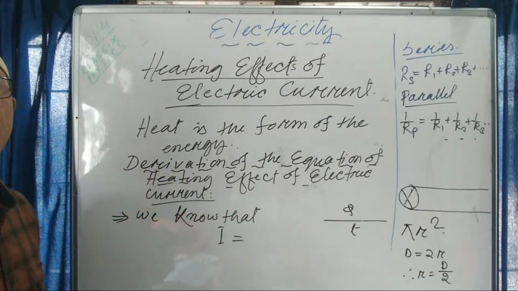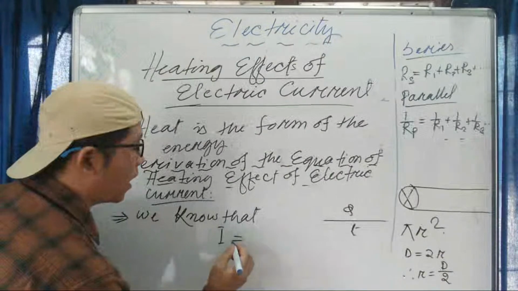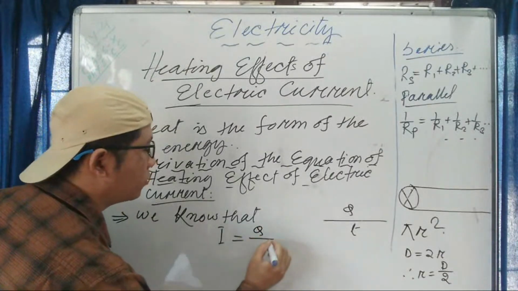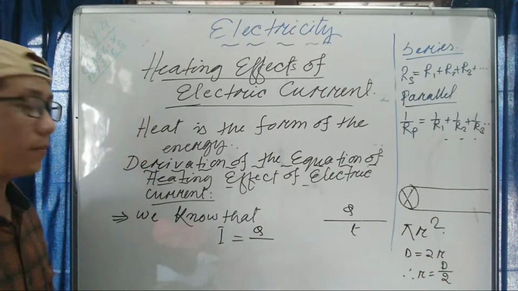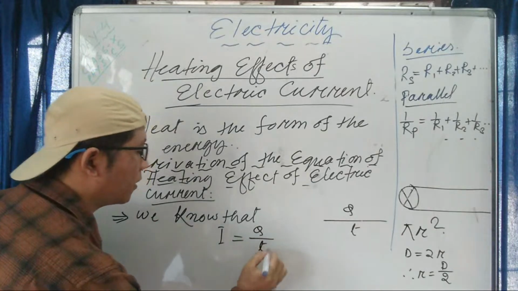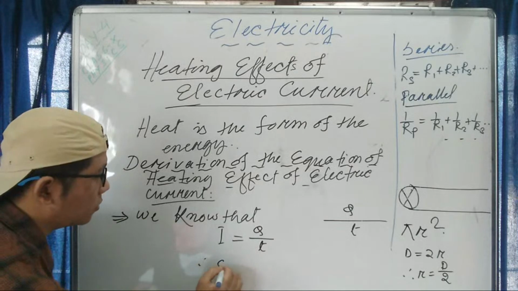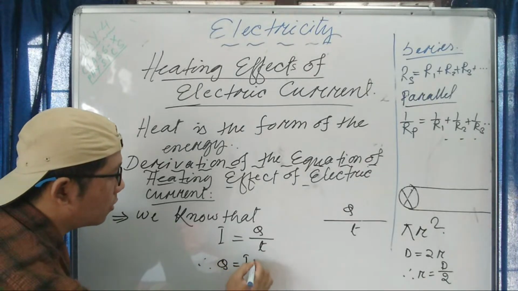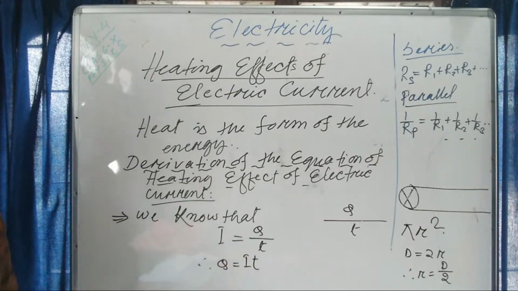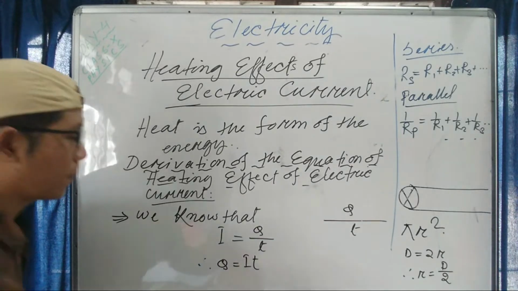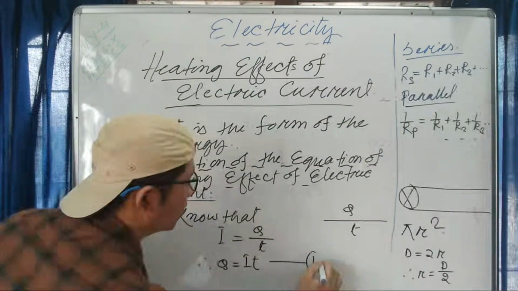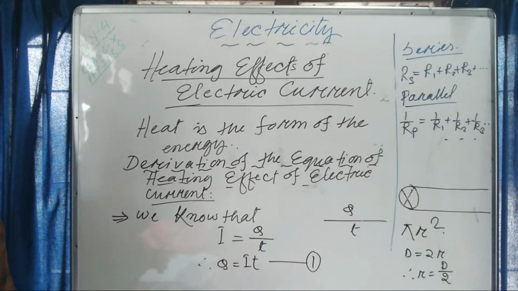That's what we defined before, right? So here it comes to I is equal to Q by T. Q you can write as a small letter also, no problem. From here we develop the equation: Q is equal to IT. That equation we developed before, from the current. You can take it as equation number 1.